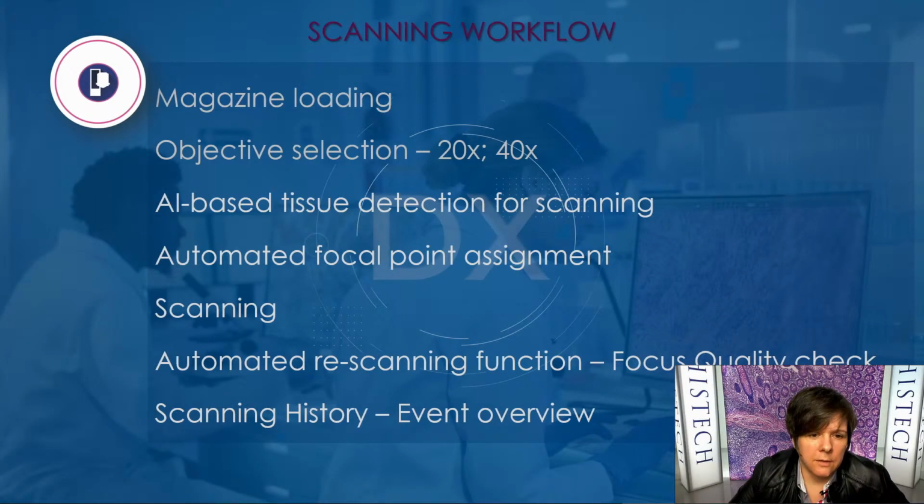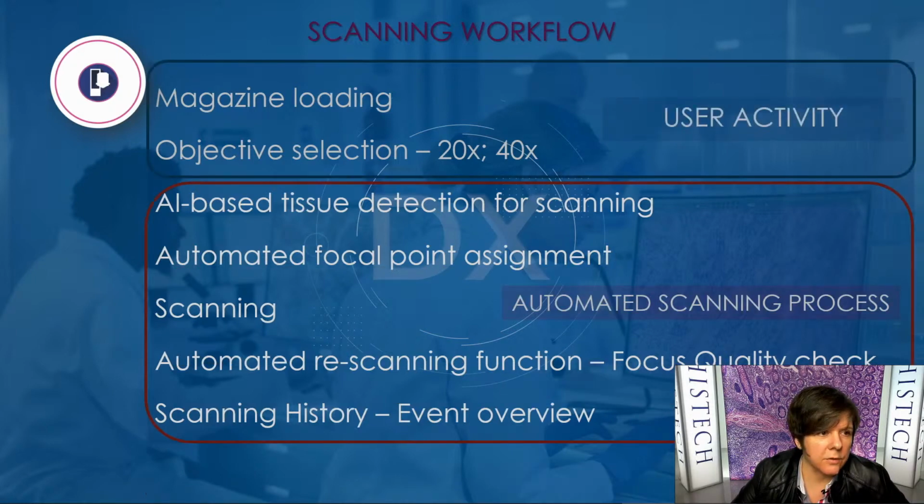In order to grant an easier scanning operation, the scanner software must be fully automated. So if you see the steps of the scanning operation, we can say that the first step is a magazine loading process. Then the user must select the correct objective type. And then the software's AI algorithm will define the tissue area for scanning.